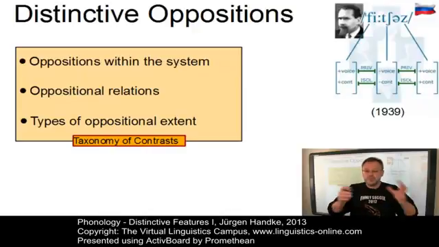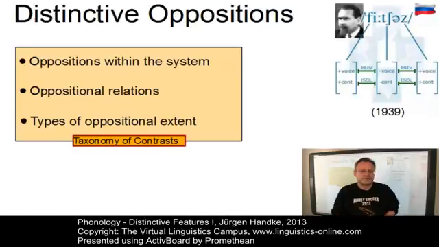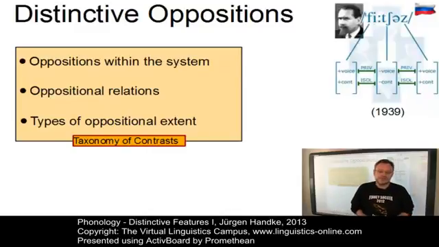There are oppositions within the system, there are relationships between opposite members, and there are types of oppositional extent. Thus, Trubetskoy's approach was not a general theory of distinctive features. Nevertheless, he provided the framework for alternative views about phonological contrasts. So let us look at his taxonomy in detail.